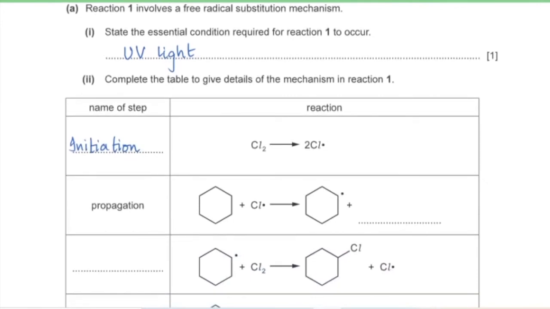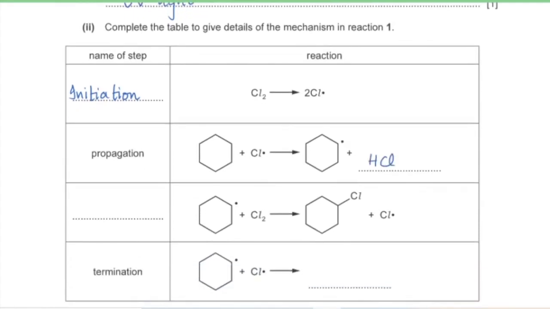In propagation step, a radical reacts with one of the reactants, forming one more radical, that is this one, and one of the products, which is going to be HCl. Now that same radical, which is formed in the first propagation step, will react with one of the reactants and that forms one more radical, that is chlorine radical, and one of the products, that is this structure.